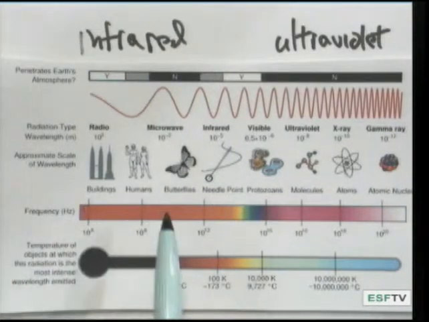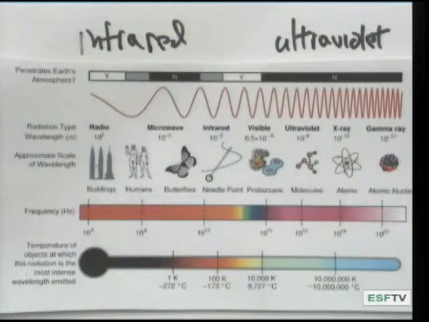Now, when we are talking about these other types of electromagnetic radiation, there are some important things to keep in mind here. One is that depending upon where you are in the spectrum, this carries with it information about how much energy is being carried in the light wave.